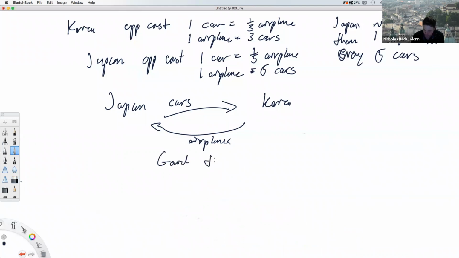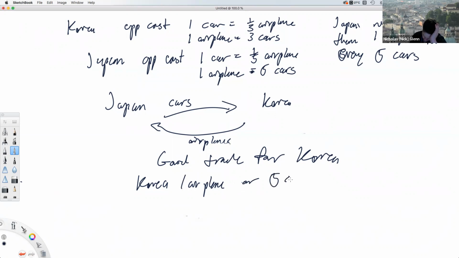What's a good trade for Korea? Well, Korea can produce 1 airplane, or it can produce 5 cars. 1 airplane or 5 cars, that's its opportunity cost.